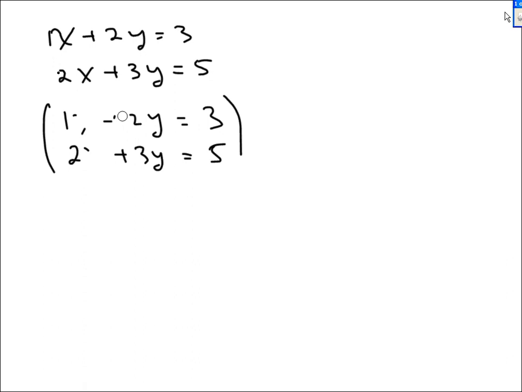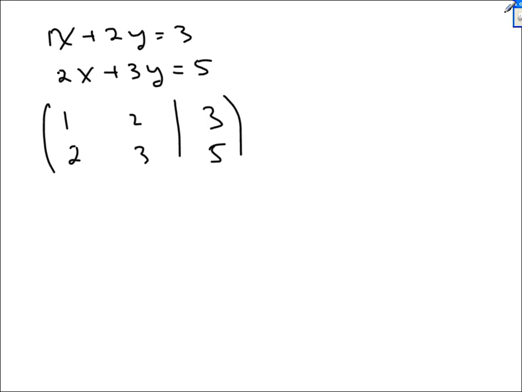Plus 2y is just 2, and plus 3y is 3. You just put down the coefficients. If it was minus 3y, I would put down negative 3. And one last thing, where the equal signs are, you put a line.